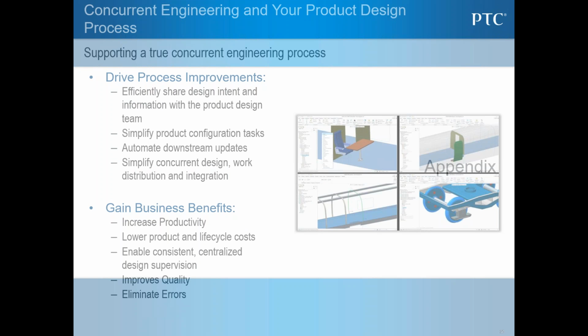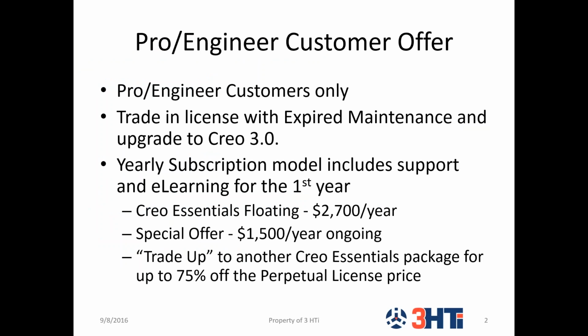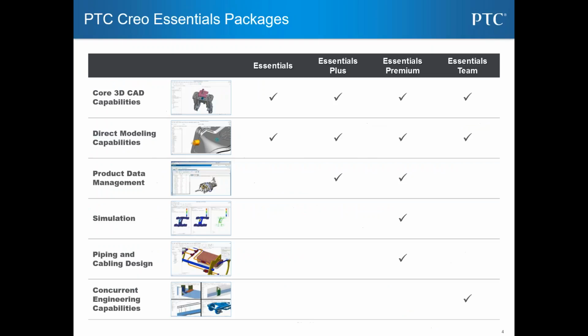And that is it for the overview of the packages. So for example, the Creo Essentials Premium package, if you were to buy that as a new license with 1 year of support, that would be $12,565. The subscription price is $4,450.